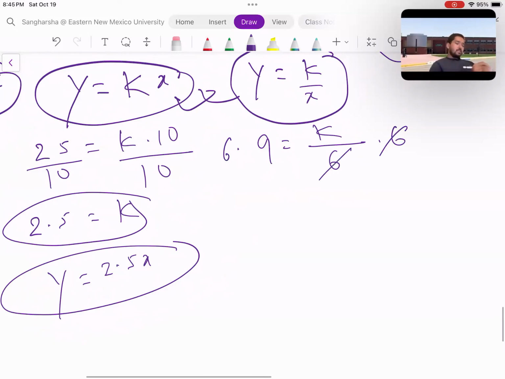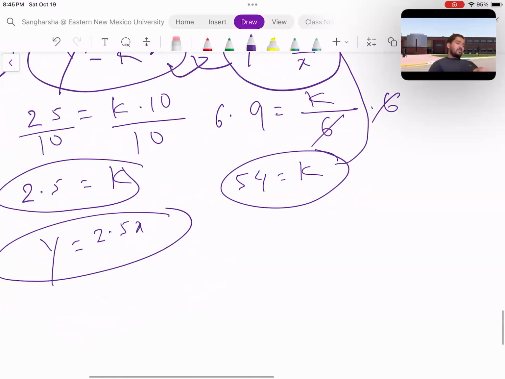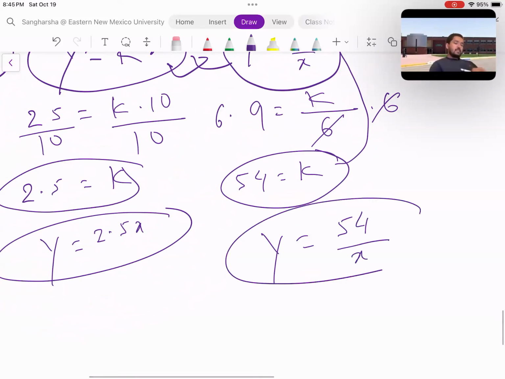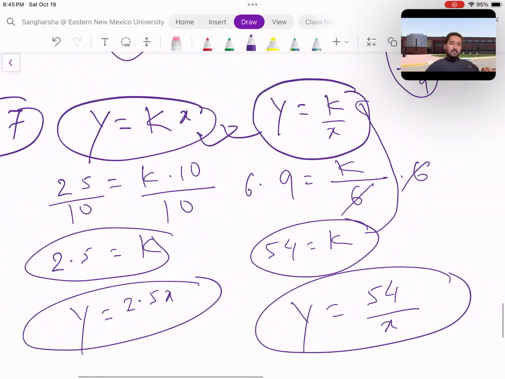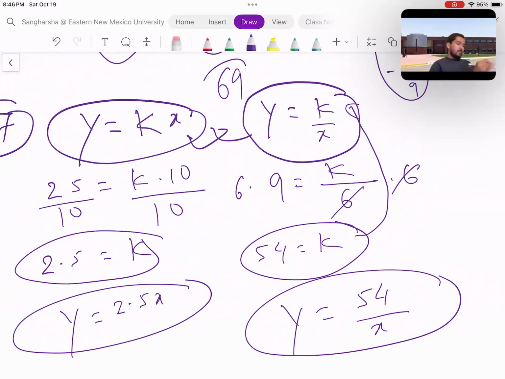This cancels. 9 times 6 is 54, equals k. You substitute k into the equation. So you have y equals 54 over x, and this is the equation. Do you have any questions for these two numbers, 67 and 69? This is 69.